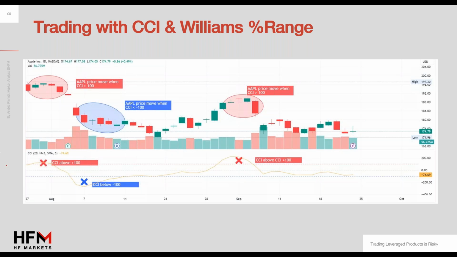An exit level would have been as soon as we see the CCI rebounding. So it started rebounding here. Let me draw it here. It started pointing higher, away from the bottom, right? Remember that a reversal, a rebound of the CCI, if it's in the negative territory, below minus 100, indicates an upwards shift.